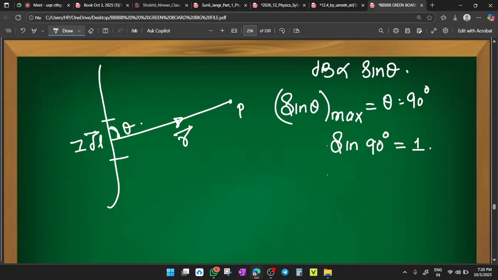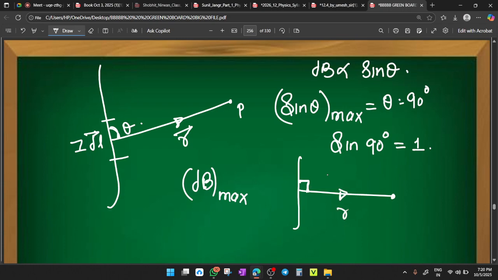That is the maximum value of sine theta. It means your magnetic field will be maximum when your current element is perpendicular to the position vector of the point. When there is an angle of 90 degree, your magnetic field will be maximum.